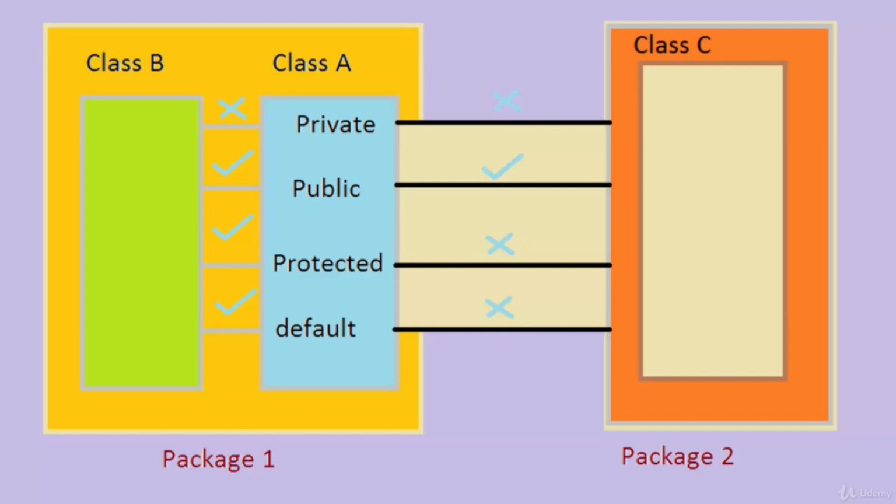With private, the accessibility of class A is no one, meaning we cannot access it from class B and class C. But with public we have access from both class C and class B. Protected has access only from class B, but it cannot be accessed from class C. Default is the same as protected: it has access from class B, but no access from class C.